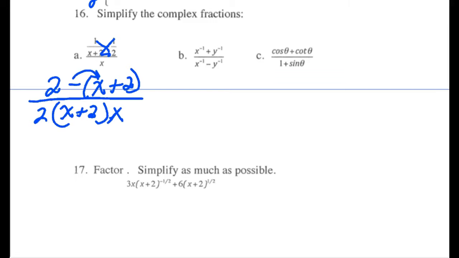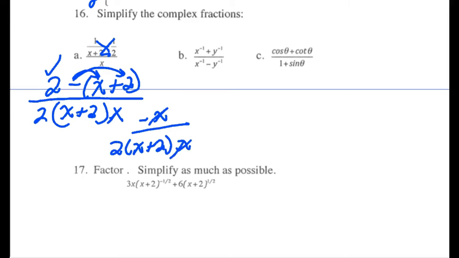So you're going to get to minus x and a minus 2. The minus 2 is going to cancel with the lead 2. So we end up with a -x on the top over 2 times x plus 2 times x, and these are going to cancel. So my answer would be negative 1 over 2 times x plus 2.